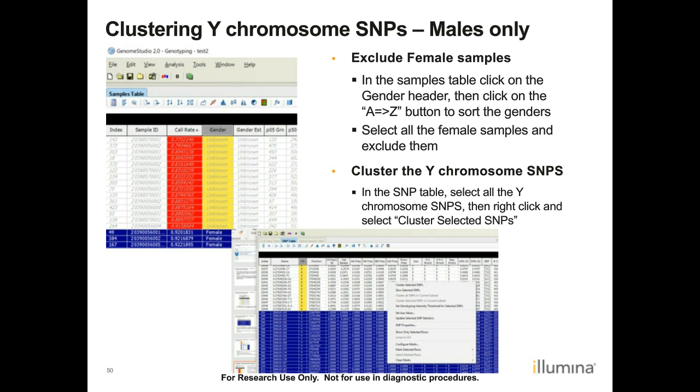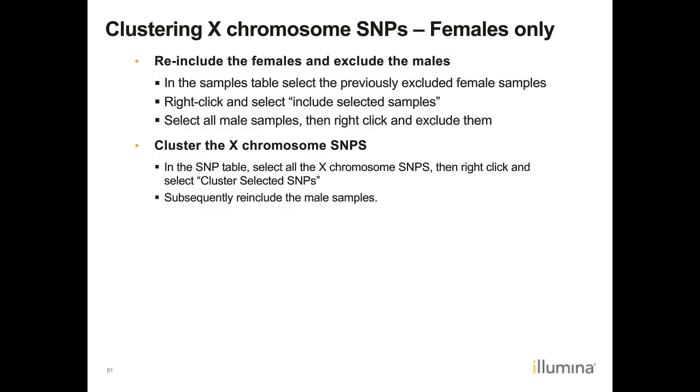You're using male samples to cluster the Y chromosome. To do the X chromosome SNPs, do exactly the similar thing. We'll first need to re-include the females. So in the samples table, select all of the previously excluded female samples, right-click on the table, and select Include Selected Samples. After you've re-included the females, select all the male samples, then right-click and exclude them.